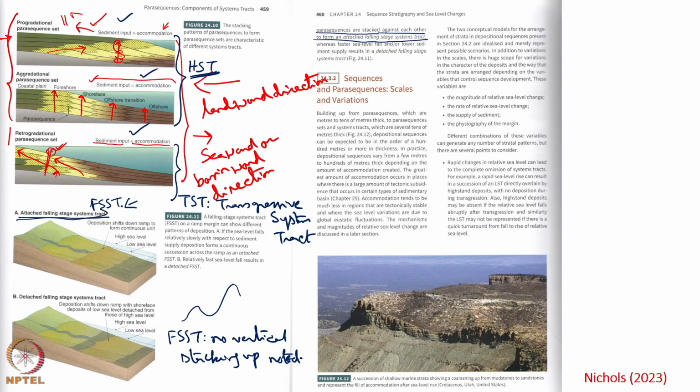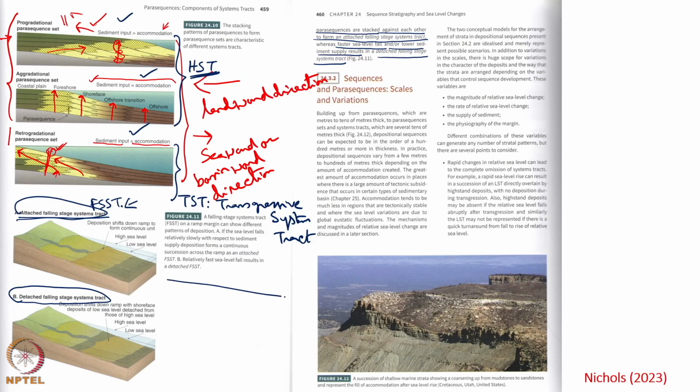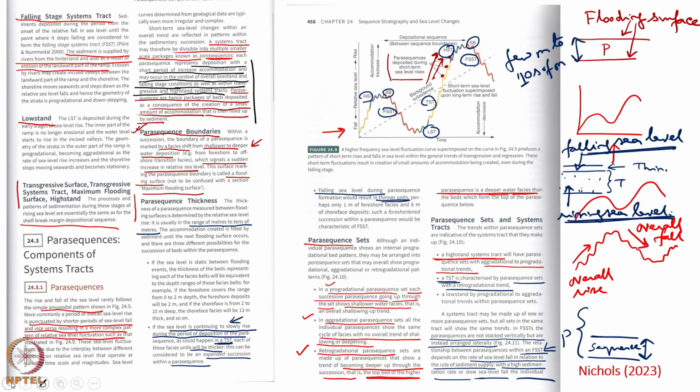This is the one. But if there is a faster sea level fall and or lower sediment supply, then it leads to a detached falling stage systems tract. Consider this is the ramp geometry, and from here sediment is coming. They will be deposited continuously in case there is a high sediment supply or there is a low rate of sea level fall.